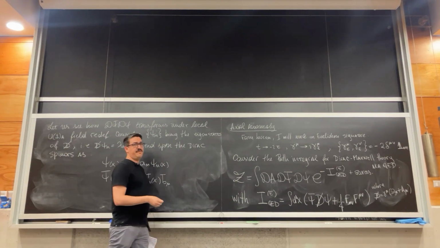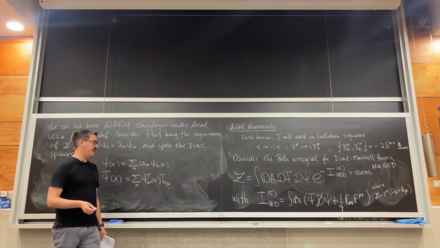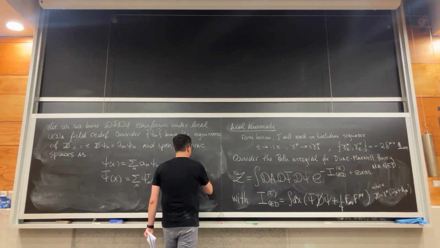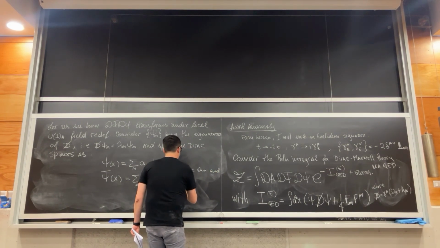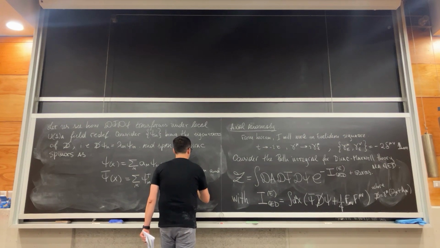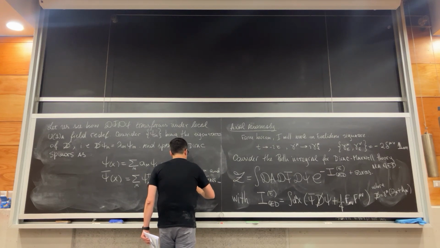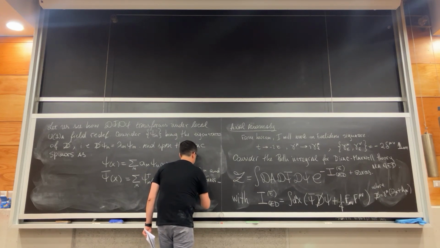And Breno gave a lot of details about Grassmann numbers, so you know what they are. Where a_m and b_r are Grassmann variables.